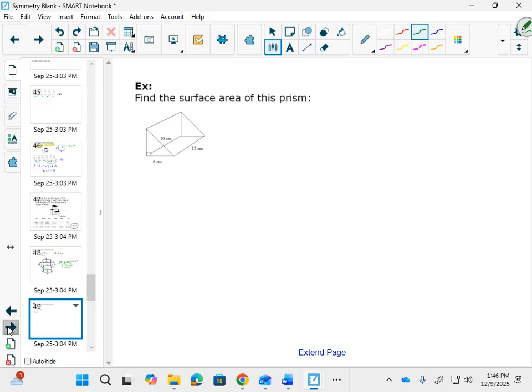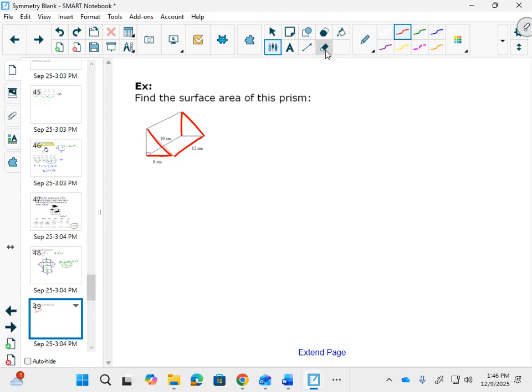Here's our next one. I'm going to cut it here and here and here and here. I'm going to cut all of these lines. No, not that one.